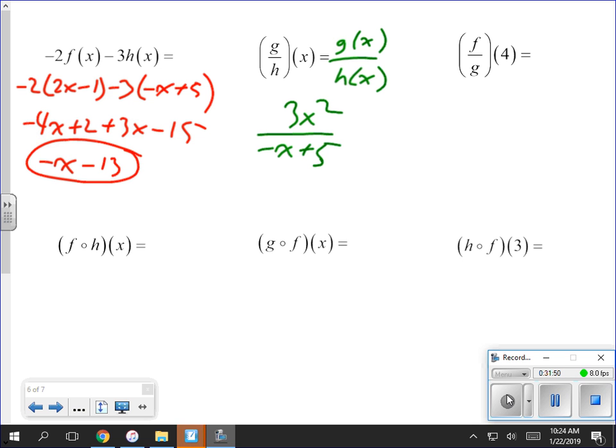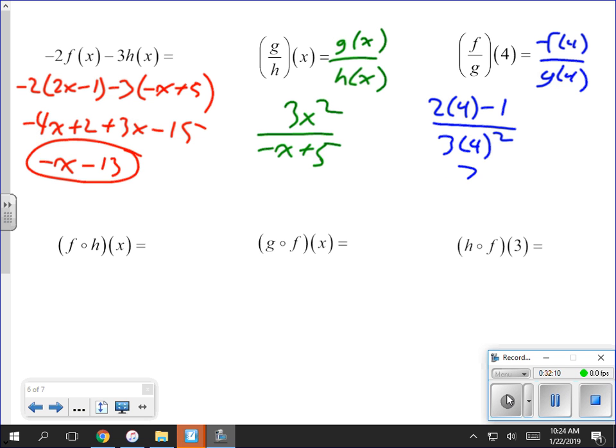So you're done. f over g of 4 is f of 4 over g of 4, which is 2 times 4 minus 1 over 3 times 4 squared. 2 times 4 is 8, so I get 7 over 4 squared is 16 times 3 is 48. 7 over 48 cannot be simplified.